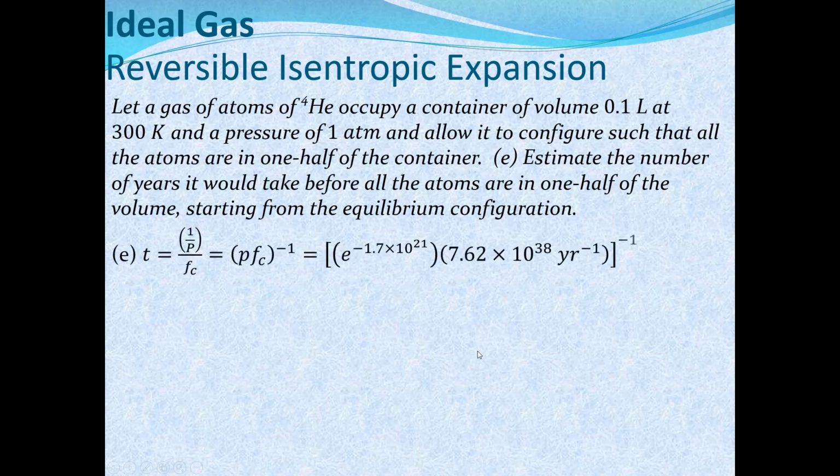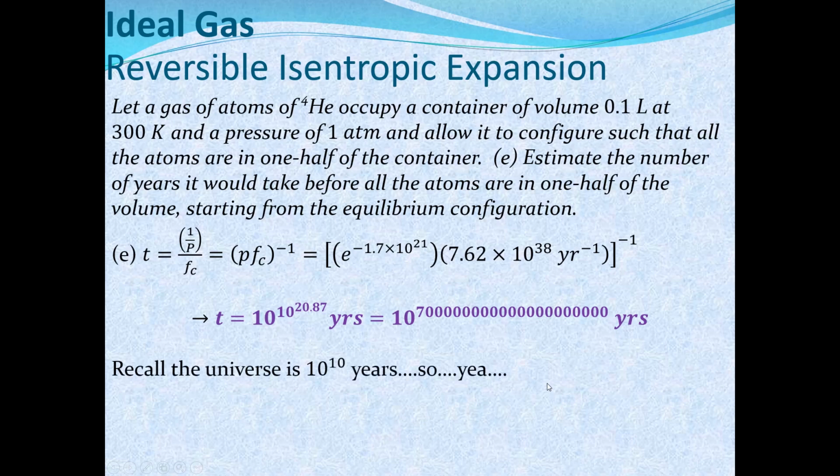All right, so what we're going to do here, the time is going to be pretty much the probability times this number of collisions. And we get this. So it takes a whole lot of years before we can expect this gas to naturally settle into one half of the container.